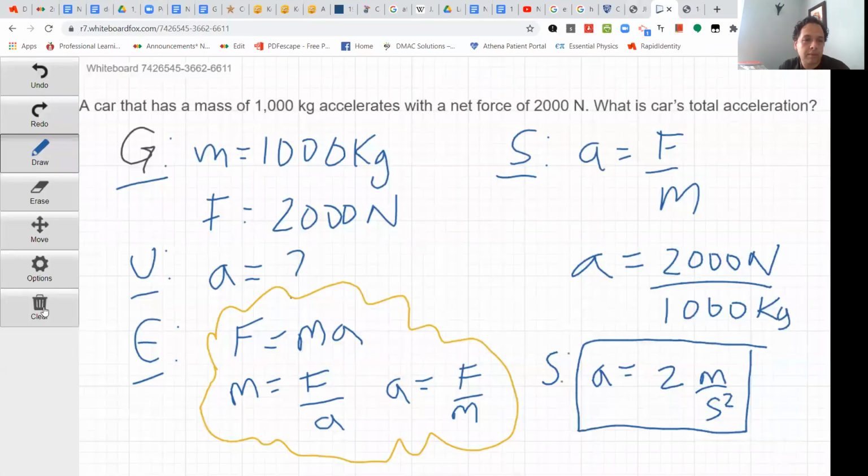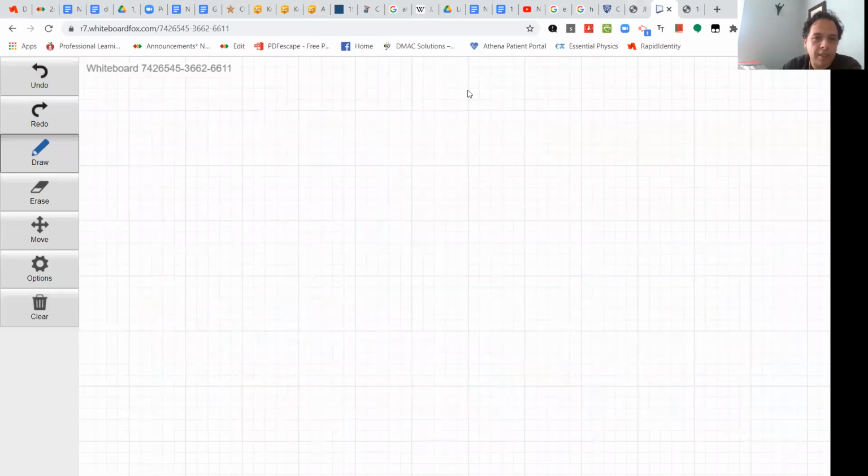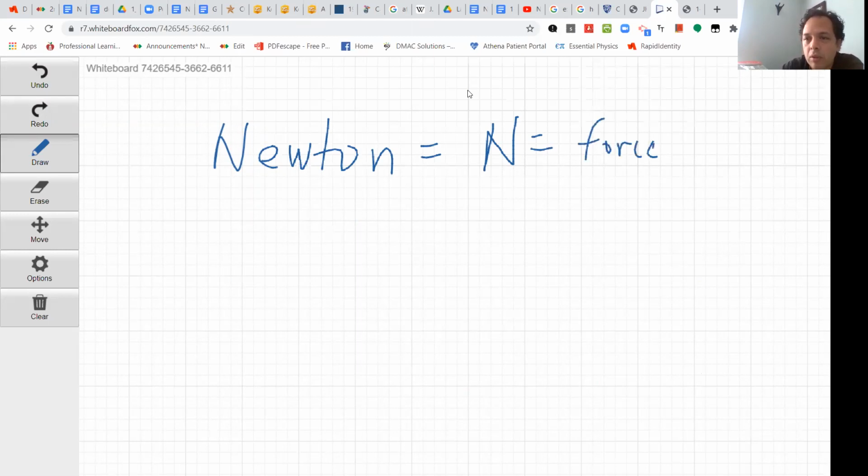Okay, so let's go over this. This will be in a video later too. I'm recording this. So a Newton is measured in N's, right? So 1 Newton is about the force or the weight of an apple.